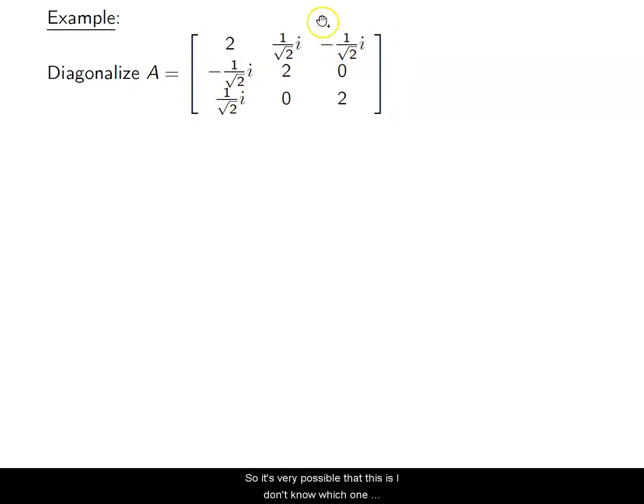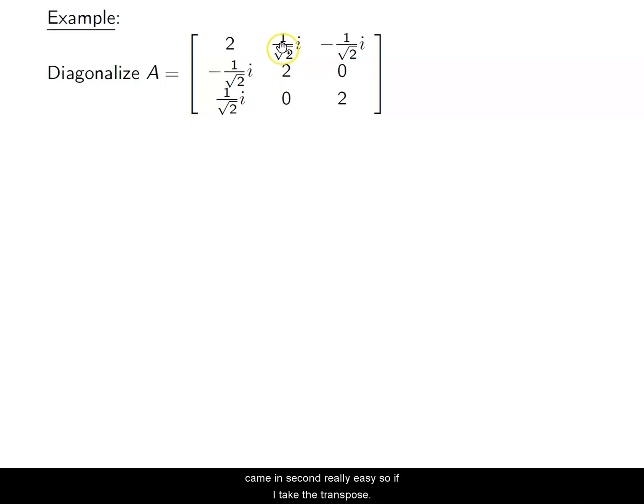So it's very possible that this is Hermitian or unitary. Which one has to do with A being the same as A star? Is that a unitary matrix or Hermitian? If you guessed Hermitian, you're right. Let's check that. It's actually really easy to check.